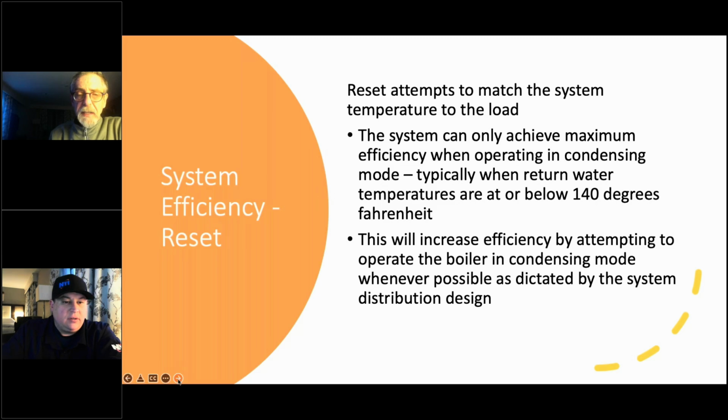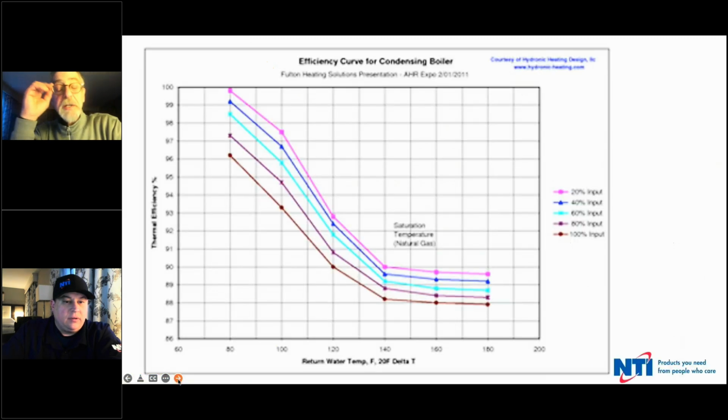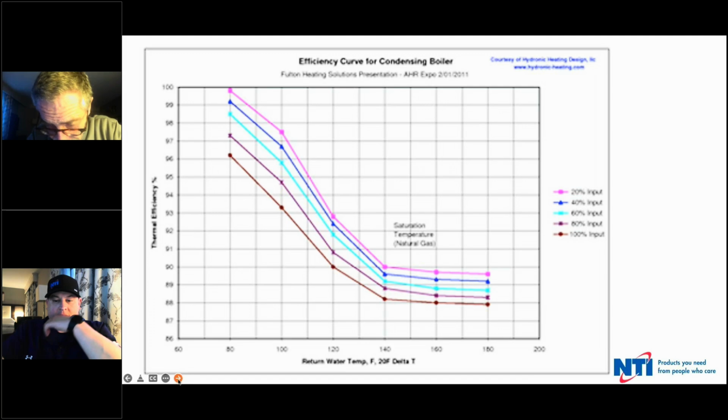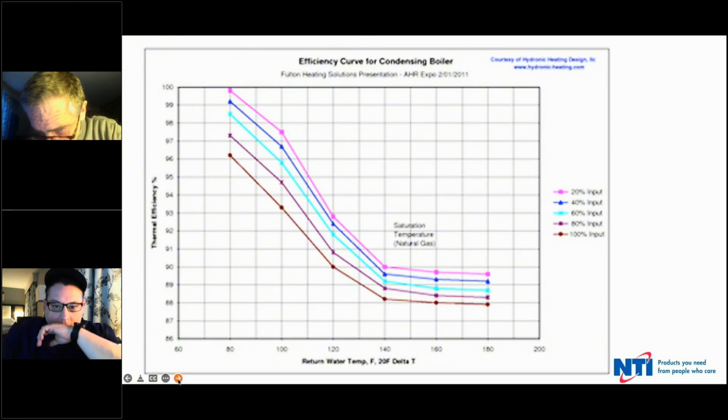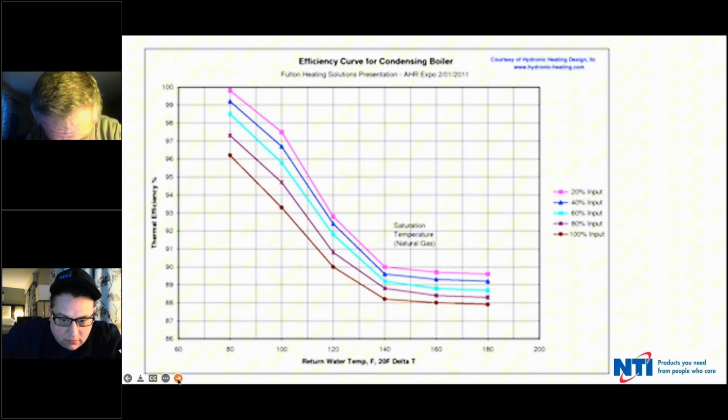Good conversation. And here's a good chart that emphasizes that. You can take a look at this. You see modest increases in efficiency at lower outputs, so the lower output is turned down. Here you've got 100%, 80%, 60%, 40%, and 20%, and you can see modest efficiency increases at lower outputs.